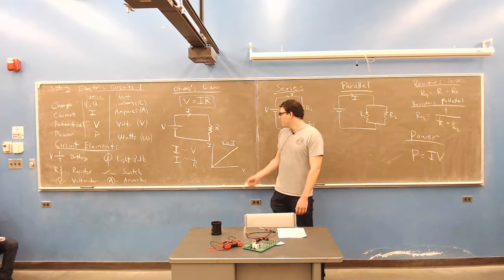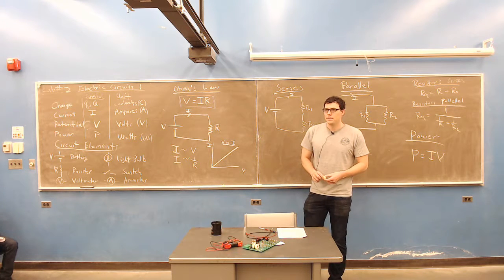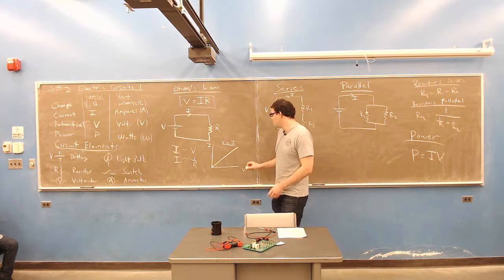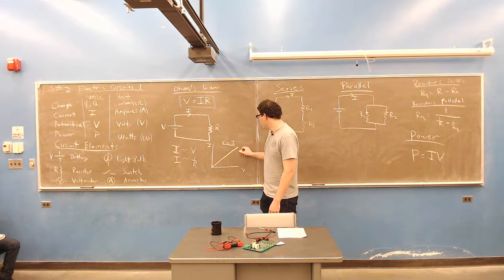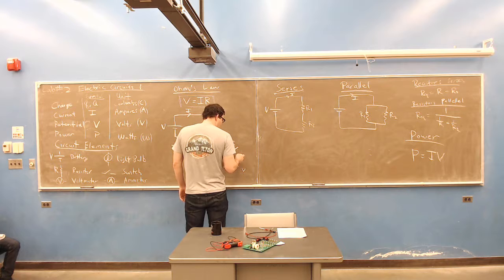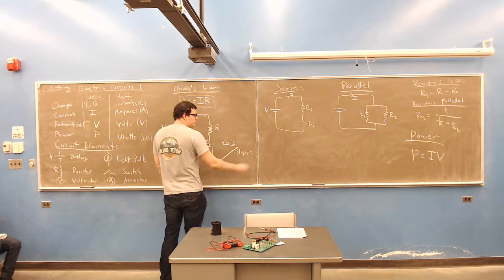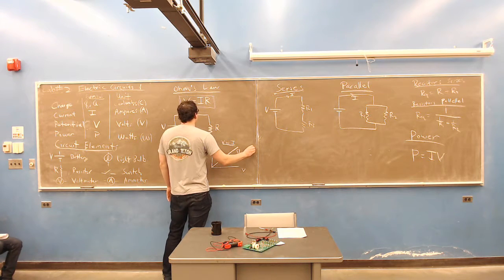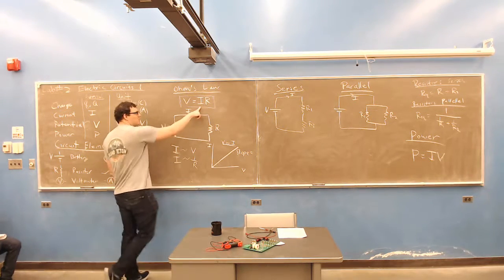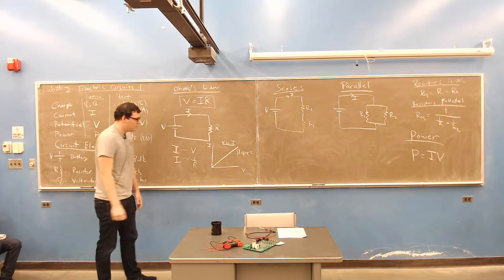All right, once you plot that, can you figure out what the resistance of the resistor was? Yeah, we can. What is it? It's the slope, yeah. Which is also equal to rise over run, right?